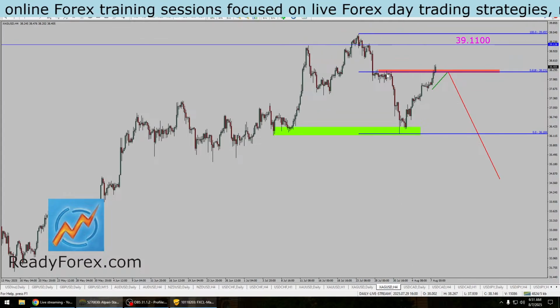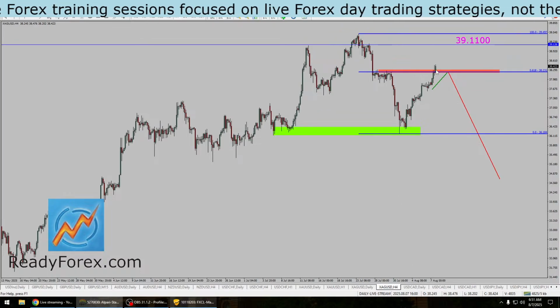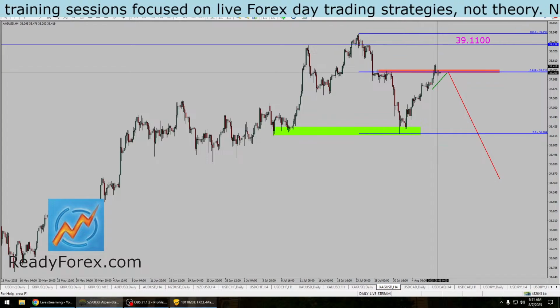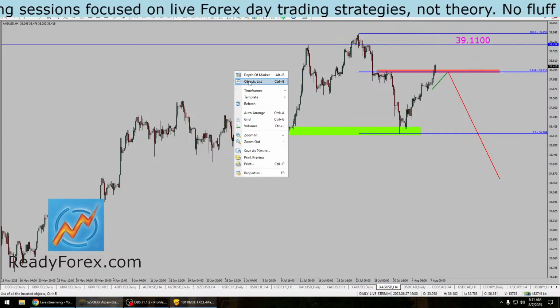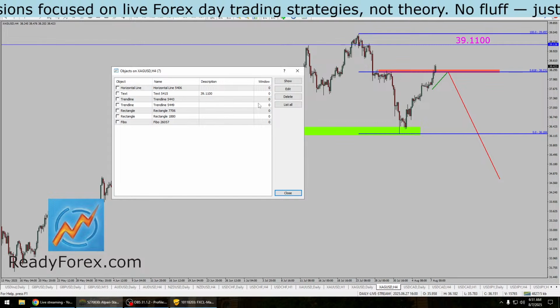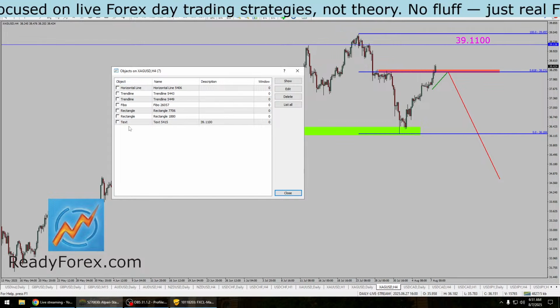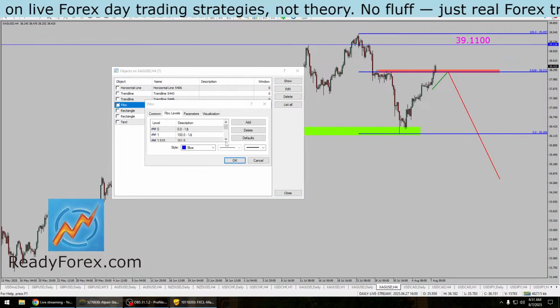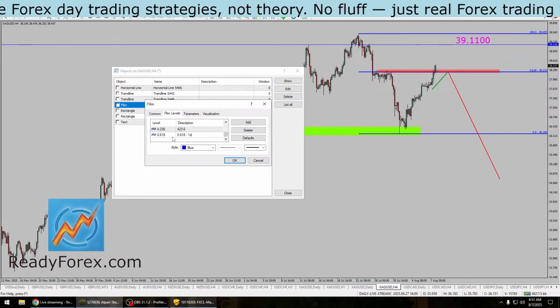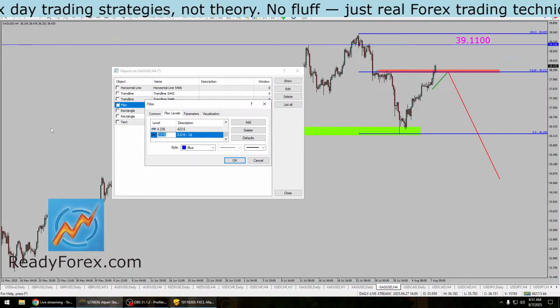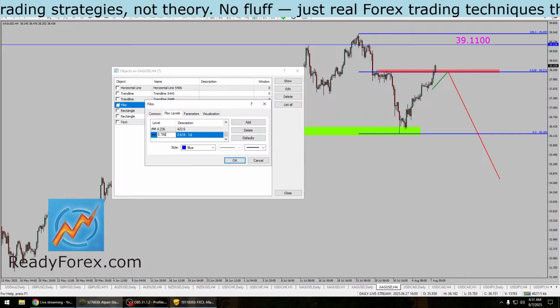Regarding the spot silver chart, we have two resistance levels. First one is already taken out, and I think the next one would be 0.786. So let me change this one, 0.786.